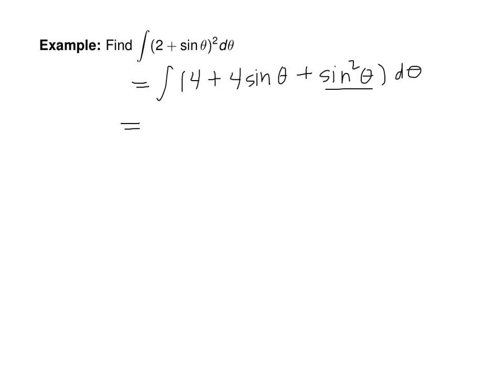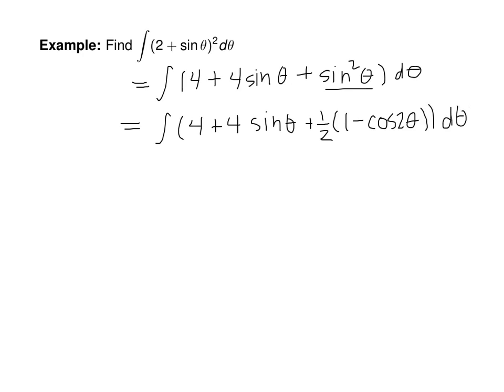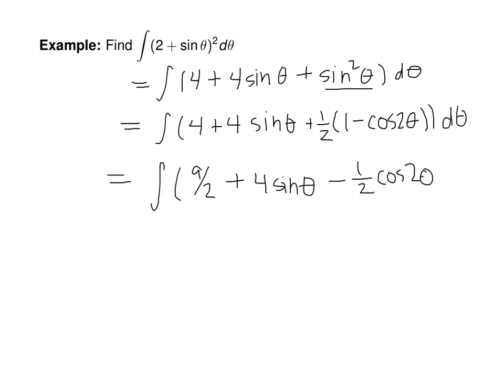So that will give us the integral of 4 plus 4 sine theta plus 1/2 times 1 minus cosine of 2 theta d theta. Now when we add the 4 to that 1/2, we have 9/2 plus 4 sine theta minus 1/2 cosine 2 theta.